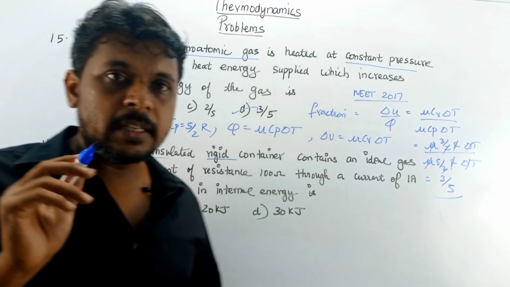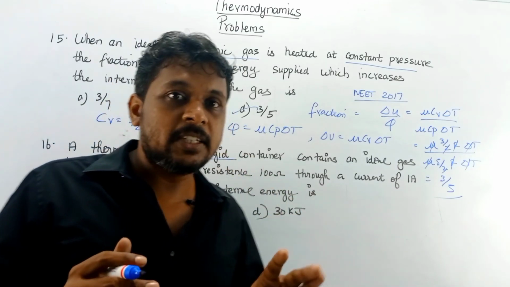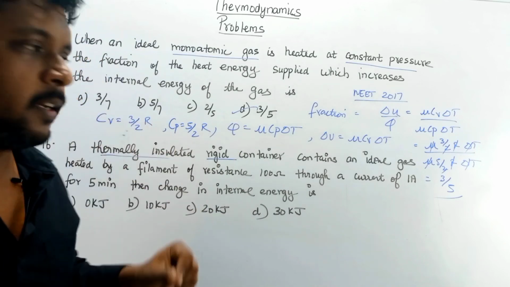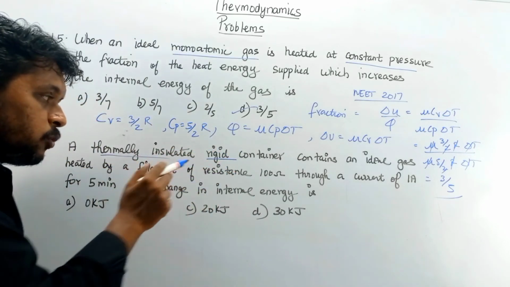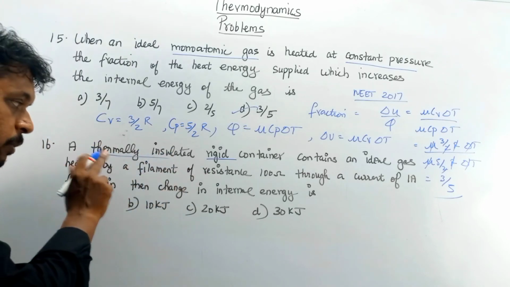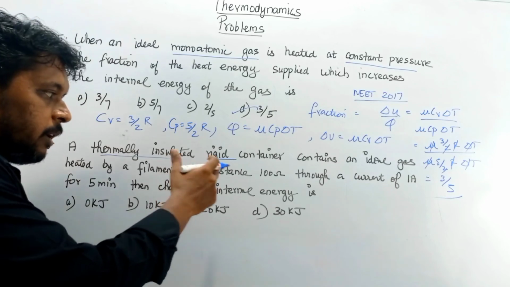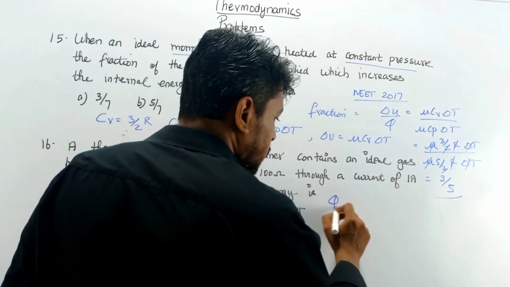So rigid container means that there is no change of shape, there is no change of volume whatever may be the condition. But heat is being supplied. See, electrical energy is being converted into heat energy in this particular process. So heat is being given by a filament of resistance 100 ohms through a current of 1 amp for 5 minutes. So what is the value of heat?